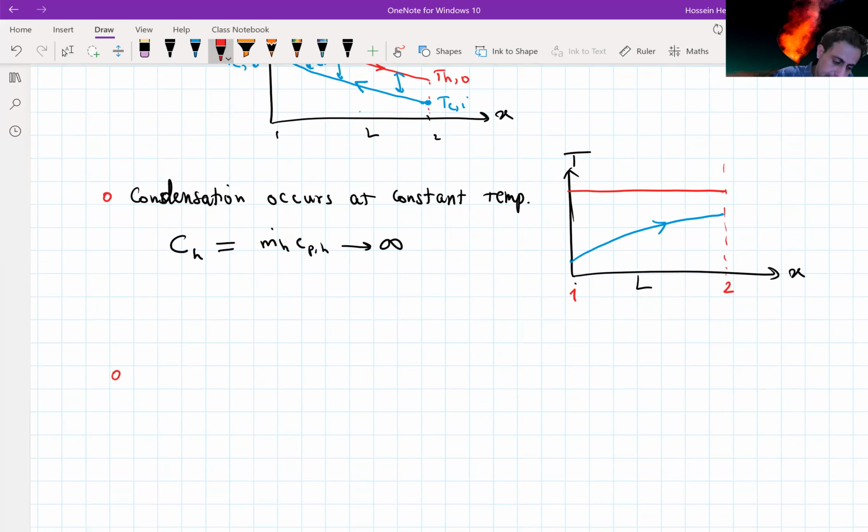The other one is for boiling or evaporation. So let's say if we have boiling, it will also occur at constant temperature.